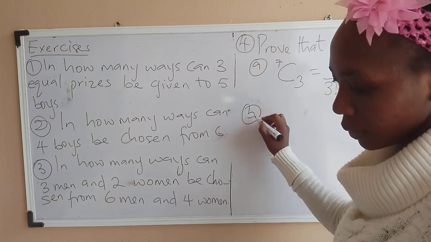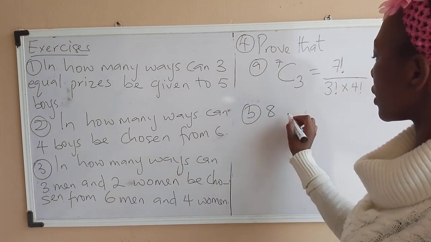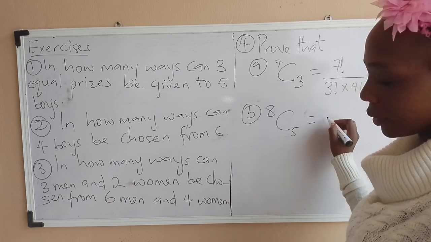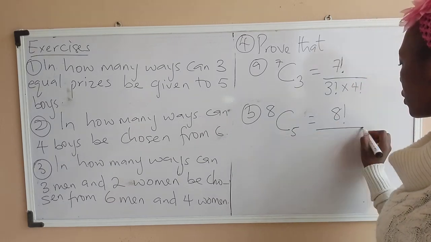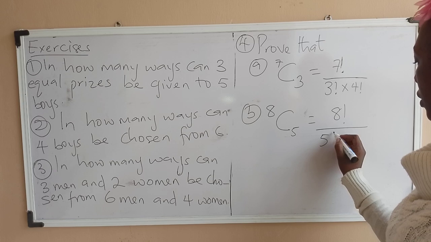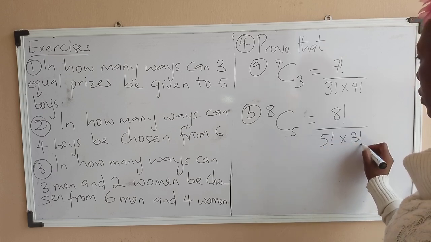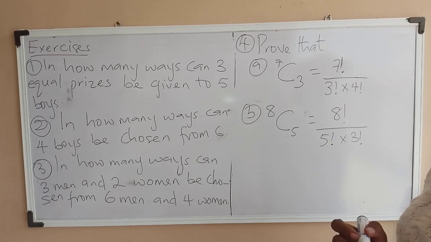Then B, prove that 8 combination 5 is 8 factorial all over 5 factorial times 3 factorial. So these are the exercises.